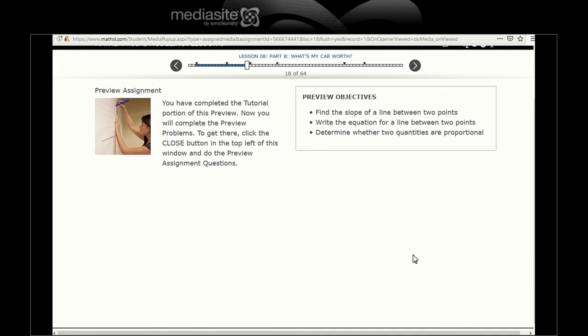So again, we found the slope between 2 points. Using that slope and one of those 2 points, we found the equation of a line and used the second point as a check, and we determined proportionality.